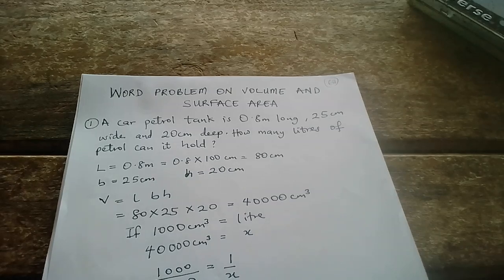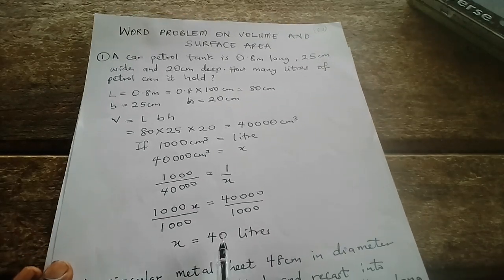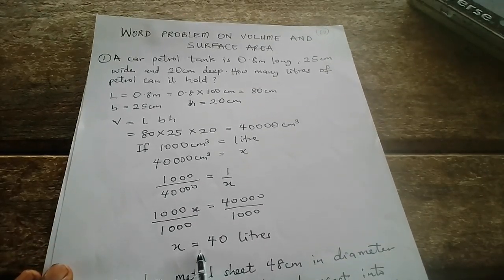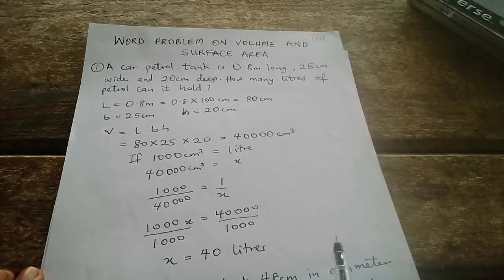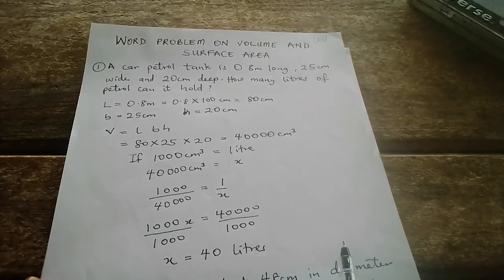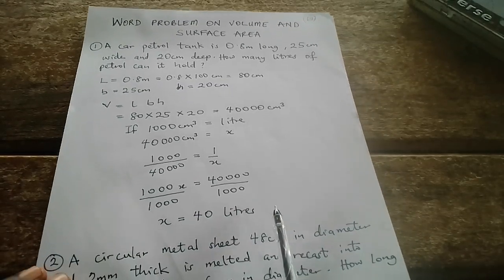Cross multiply: 1000 times x is equal to 40,000 times 1, which gives 40,000. So 1000x equals 40,000. To get x, divide both sides by 1000, and your final answer is 40 liters. So the volume of petrol the tank can hold is 40 liters.